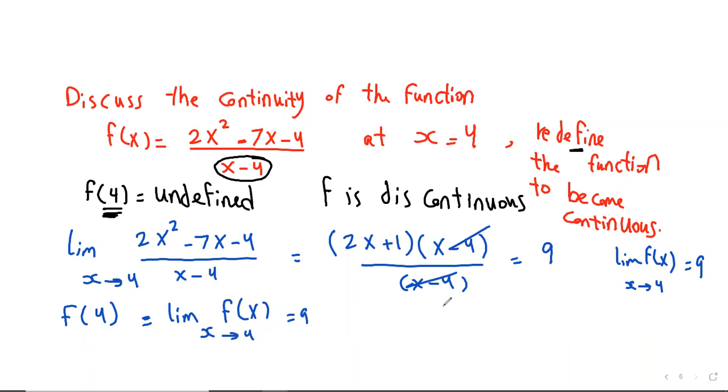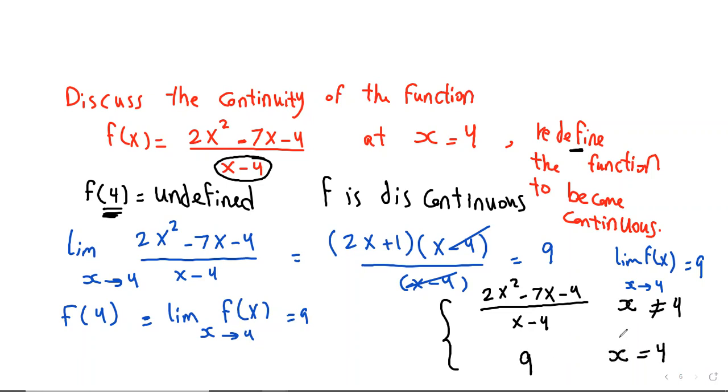So we are going to redefine it and write the function f of x is 2x squared minus 7x minus 4 divided by x minus 4, for x not equal to 4, and 9 if x equals 4. I redefined it to make it continuous because the limit here, if x tends to 4, not equal to 4, is 9. So I wrote that the value of the function f of x equals 9 exactly if x equals 4. That's it.